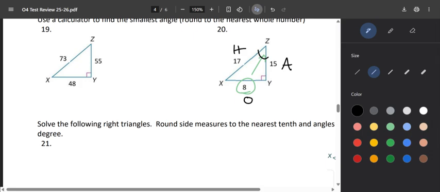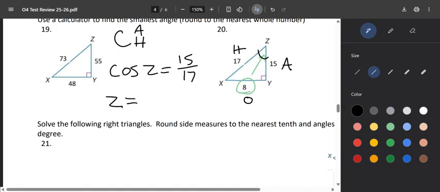So cosine, as a reminder, it's the C part, it's the adjacent over hypotenuse. So we're going to have cosine of Z is equal to 15 over 17. We use the inverse. Z is equal to cosine inverse of 15 over 17.